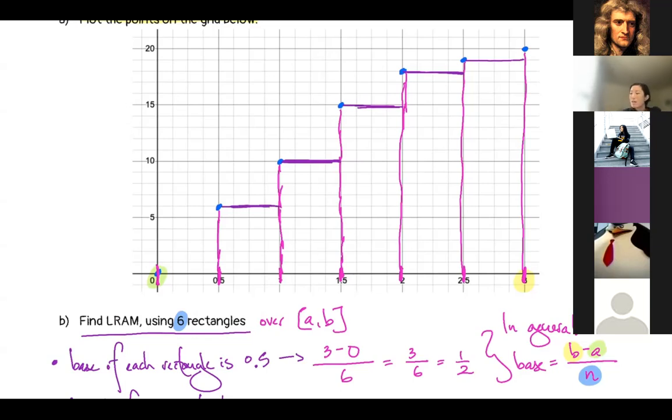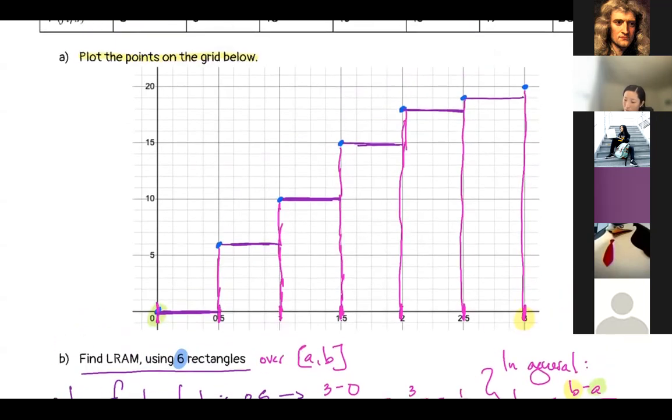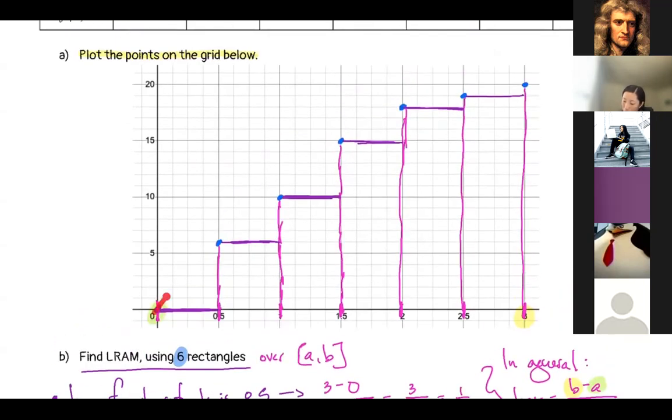And what's the height of the 1st rectangle? Yeah, it's 0. Weird, but it's true. It's 0. Okay. So if we were to imagine this curve that connects all the points that we have, I think we can see here that we're going to get an underestimate because there are chunks missing from the area.